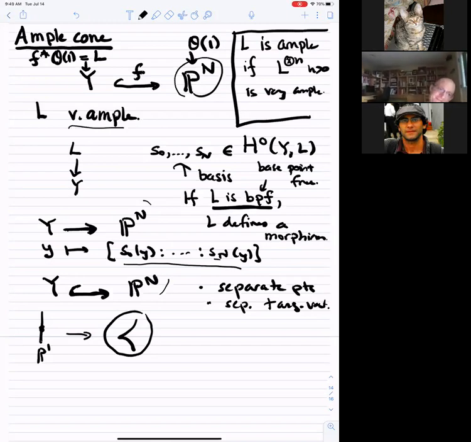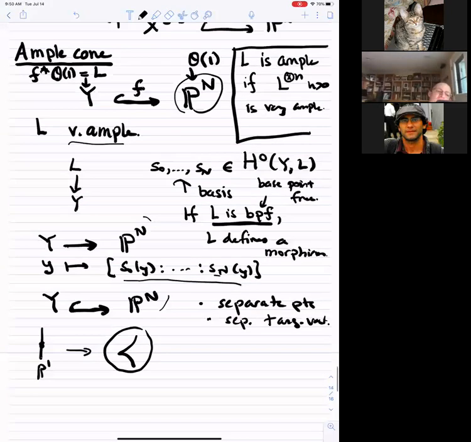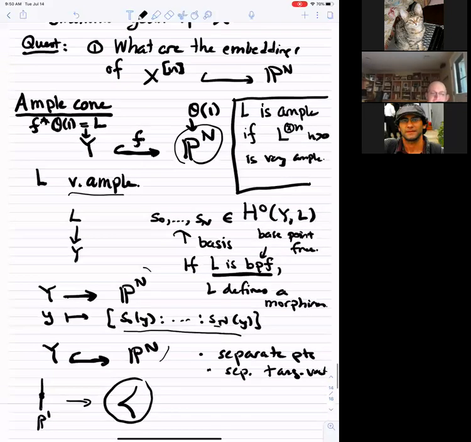In some sense, if you want to understand embeddings of Y in projective space, then you need to understand these ample line bundles. Of course, you might also need to understand which multiple actually gives an embedding. But the first step is understanding these ample line bundles.